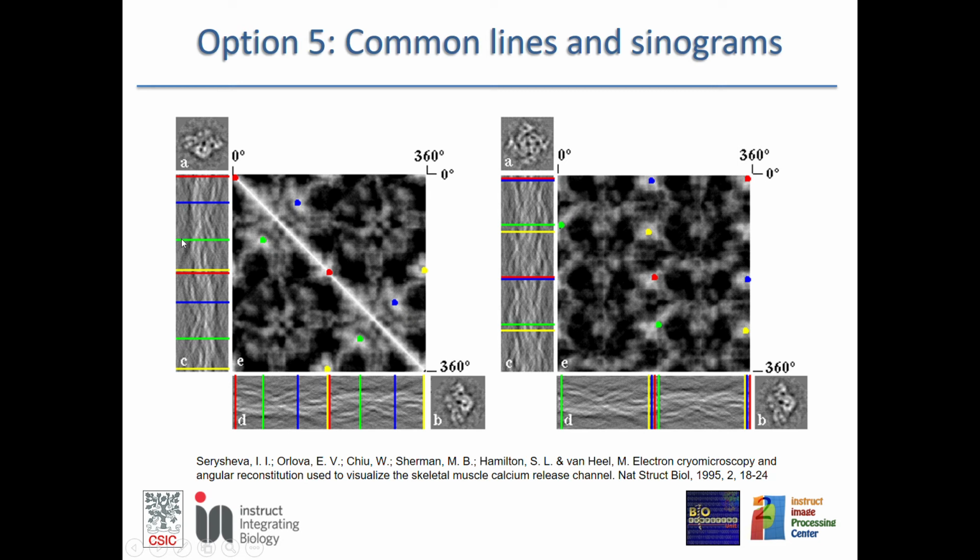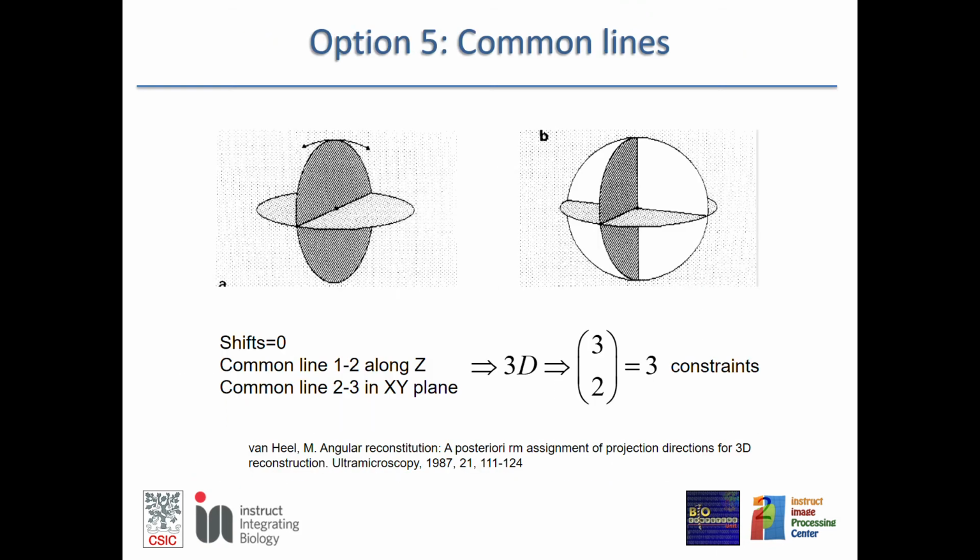I can take, for instance, this line here and this line here, and then compute the correlation. The one that maximally correlates is the one related to the common line in the 2D Fourier space.